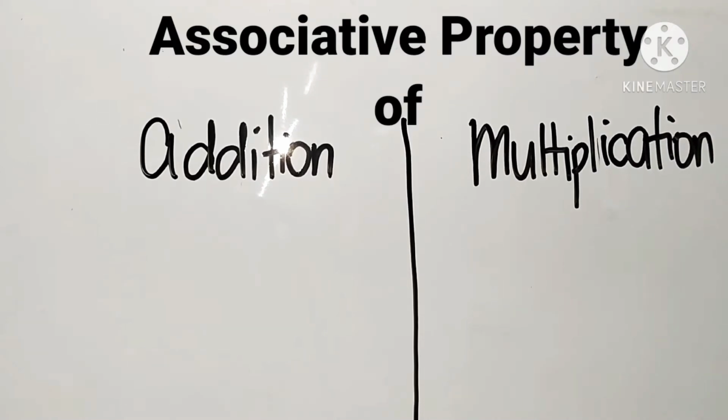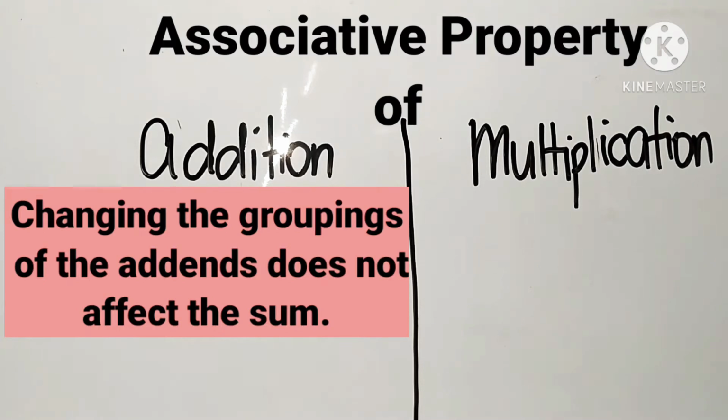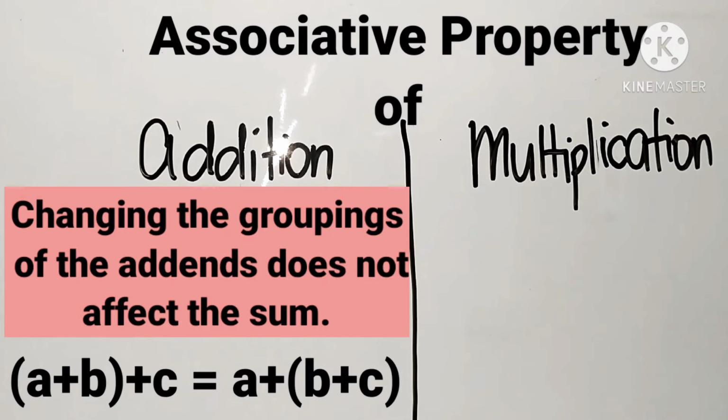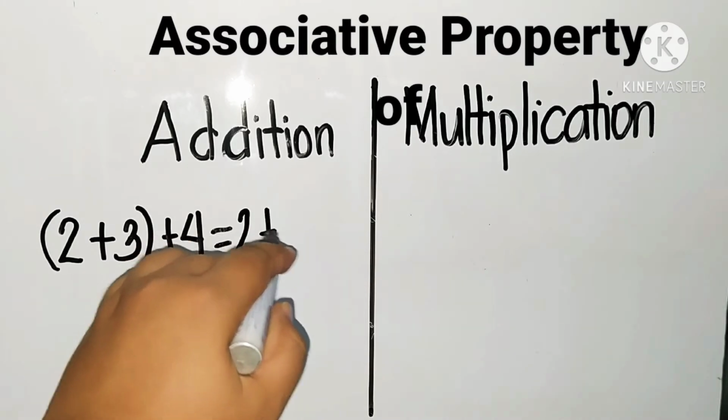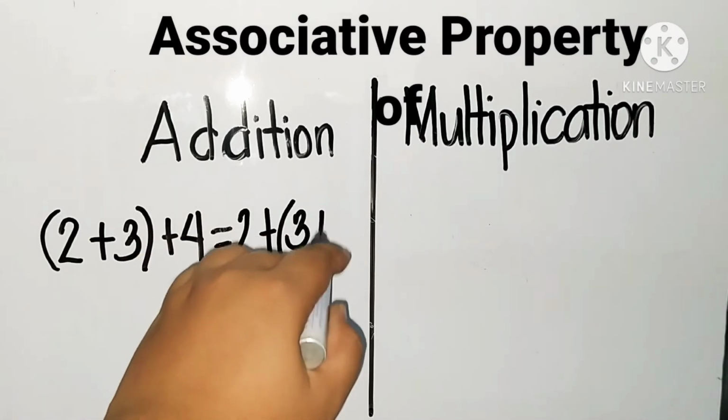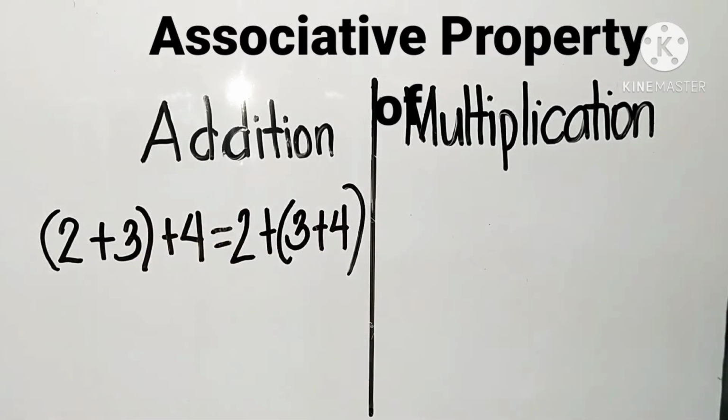The associative property of addition simply states that changing the groupings of the addends does not change the sum, denoted by quantity A plus B plus C is equal to A plus quantity B plus C. For example, quantity 2 plus 3 plus 4, changing the groupings of the numbers, 2 plus quantity 3 plus 4.